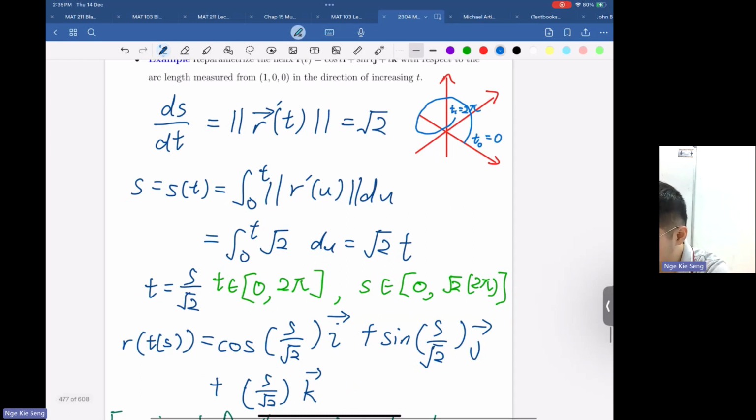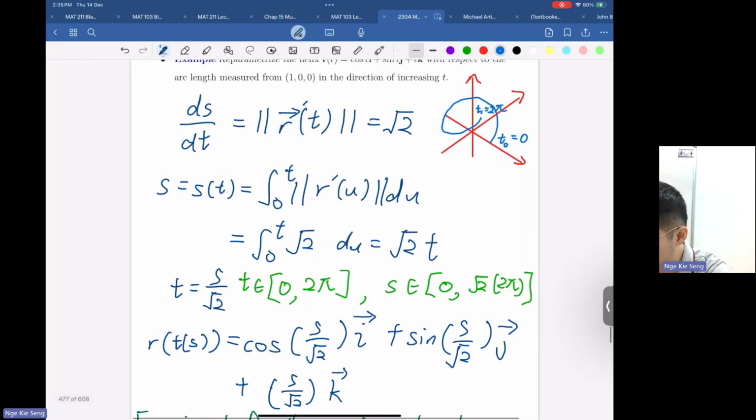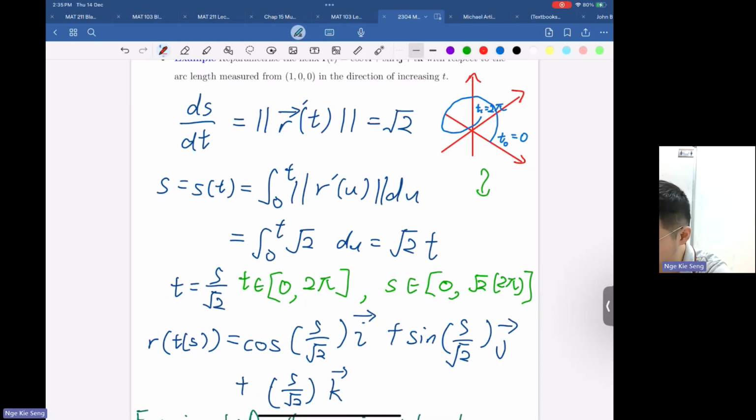But after the change of variable, we still draw the same helix, but I take more time now. My t0 is still 0, but my t1 now becomes square root 2 times 2 pi. Does it make sense?